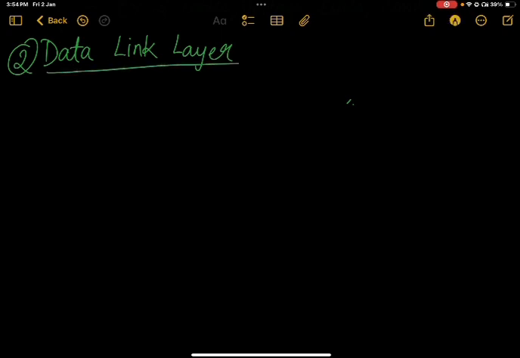Now the next layer is the data link layer.